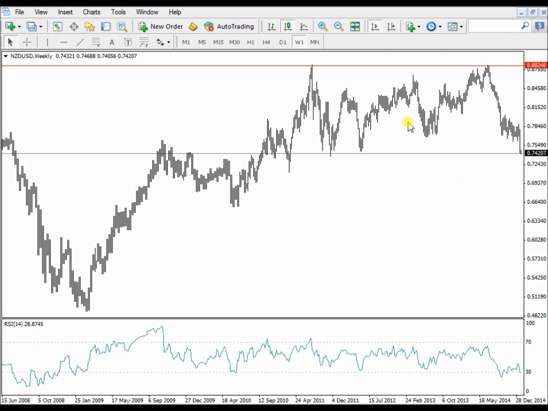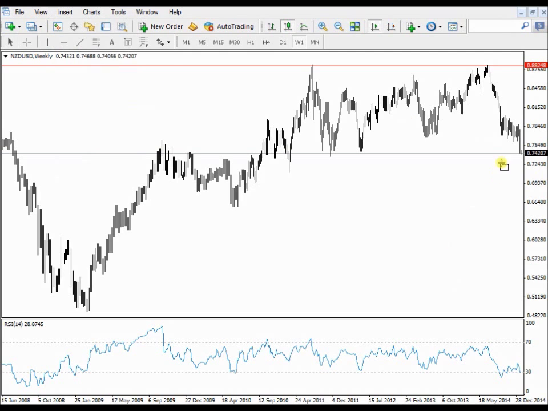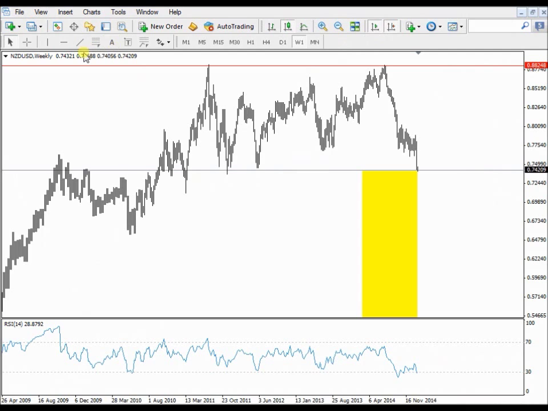There's a lot of space down here. If I can mark that space here, look at that space there against this space up here. You see all the space down here, small space up there. So I want to sell that market. That is my what.